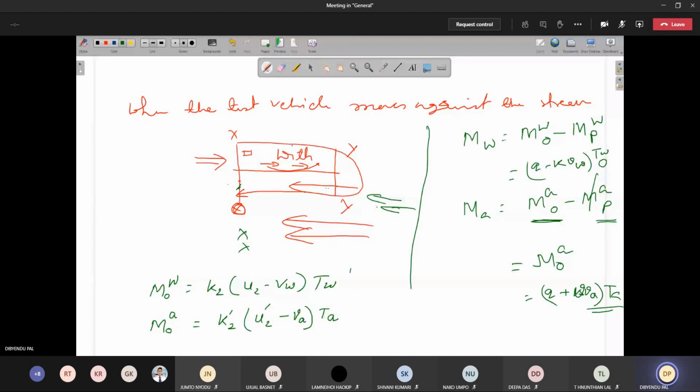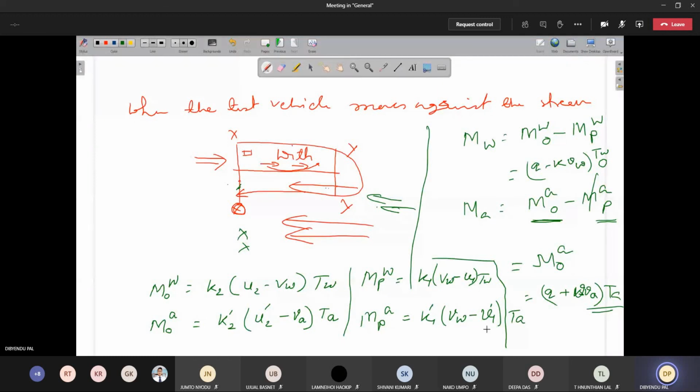Okay, then earlier what I have written? I have written MPW. What was that MPW? That was K1 into BW minus U1 TW. In a similar fashion I can write down MPA. What is MPA? MPA will be equal to K1 dash BW minus U1 dash TA.